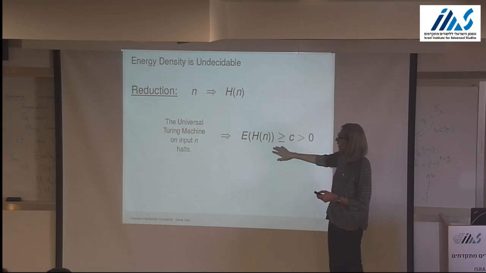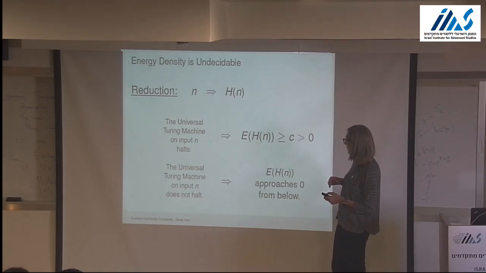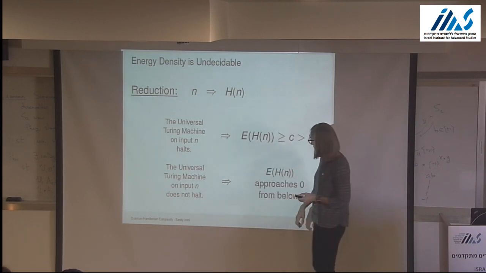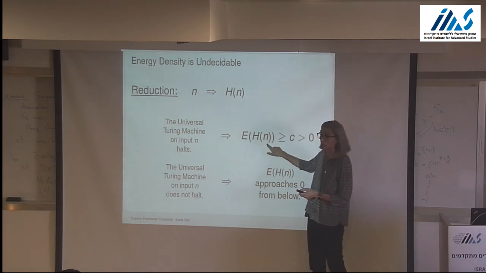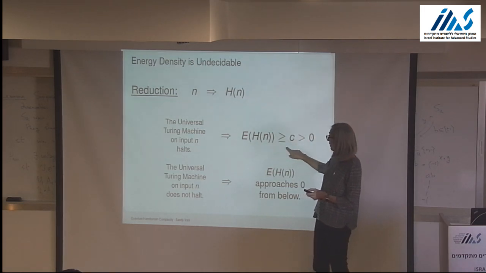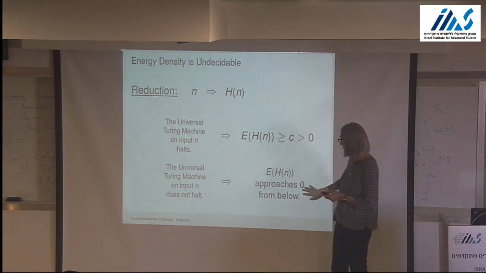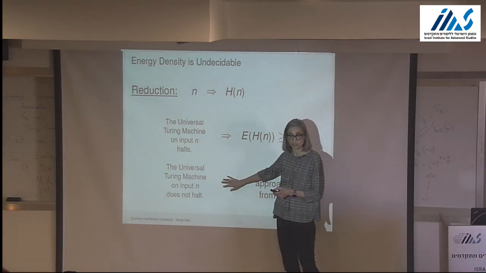Okay, so now the name of the game is to determine energy density, since we did this reduction. So what they want to do is have this universal Turing machine on input n, and reduce it to a Hamiltonian term that is gapped from below if the Turing machine accepts, and approaches 0 from below if the Turing machine doesn't halt, okay?